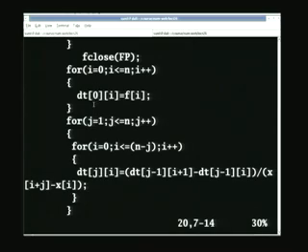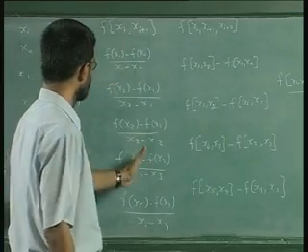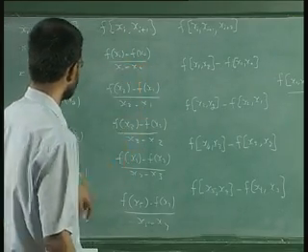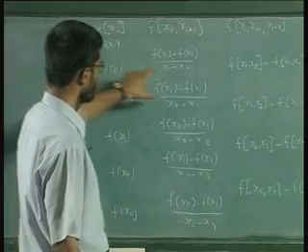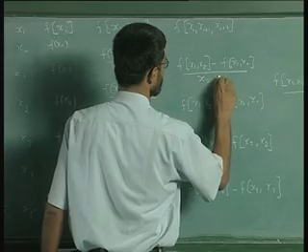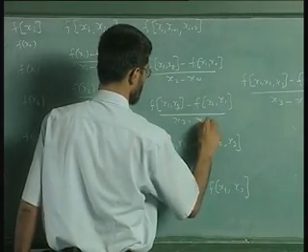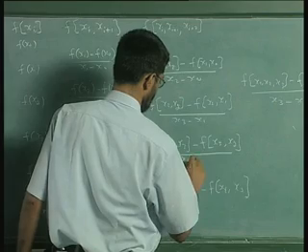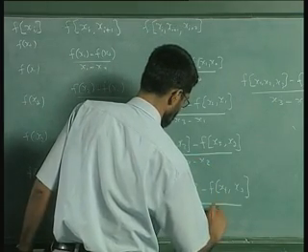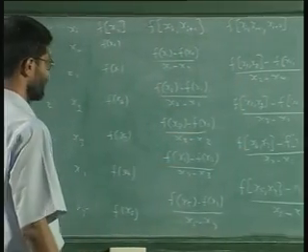So the 0th order divided difference would be just the function itself, and the first order would be the difference between the function values divided by x1 minus x0, which is one interval, and then the next, sorry, here I have to write x2 minus x0, and here similarly x3 minus x1, and this x4 minus x2, and this x5 minus x3 for the second order divided difference.